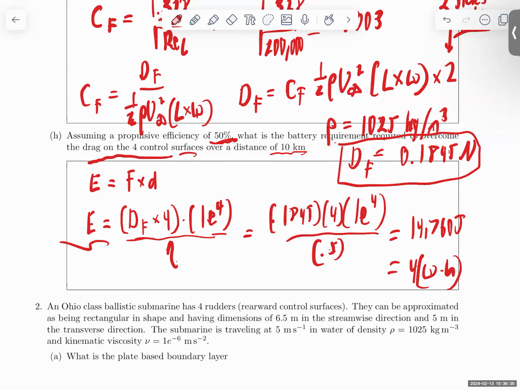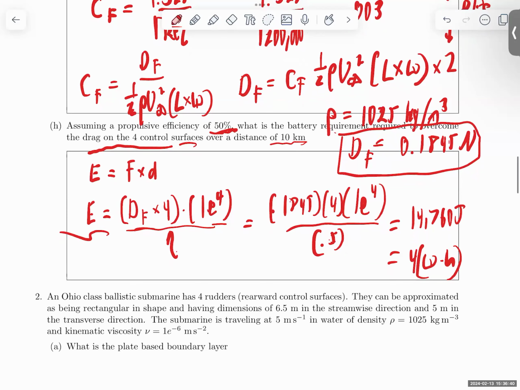We won't be doing too many of those in class, but it's useful, particularly in the AUV world. They think a lot about energy because the battery has a fixed amount of energy, and in your mission you have losses just due to propulsion, overcoming the hydrodynamic drag forces. So that's one set of losses.